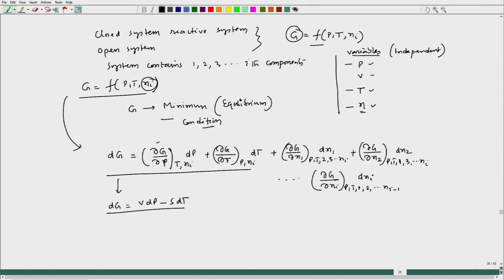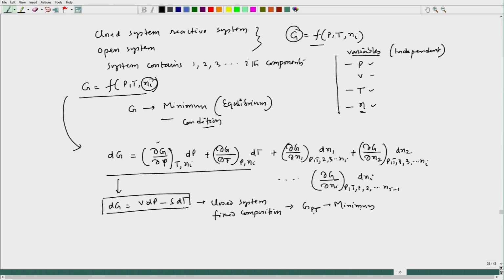And this is valid for a closed system and fixed composition, and the equilibrium happens when G at constant P and T goes to minimum.